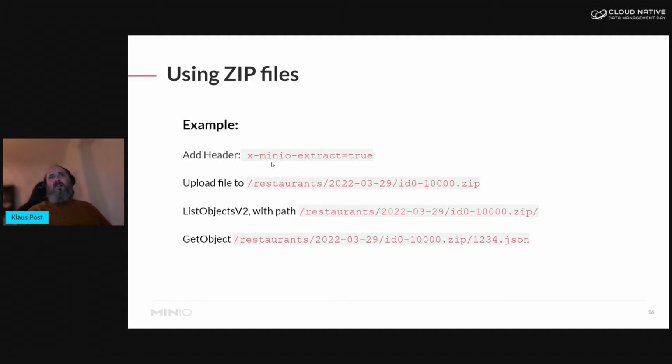This is the prefix, and then we upload a zip file. We just call this ID 0 to 1000, and you can then use a regular list objects operation to list all the files inside this with a single operation, and you can request with get object any file inside the zip file.